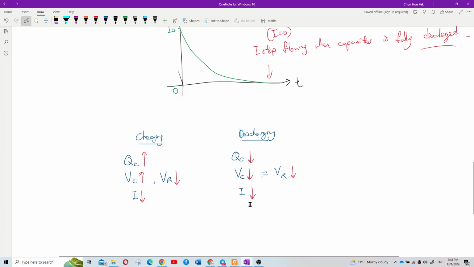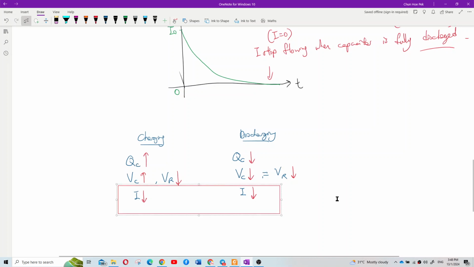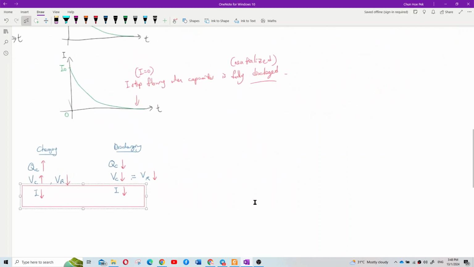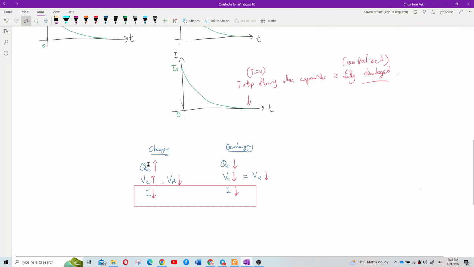So apa-apa pun charging or discharging, current tetap decrease. Cuma yang bezanya, charging Q dan V meningkat, discharging Q dan V menurun, ya. But for current, tak kira charging or discharging, the current always decrease.